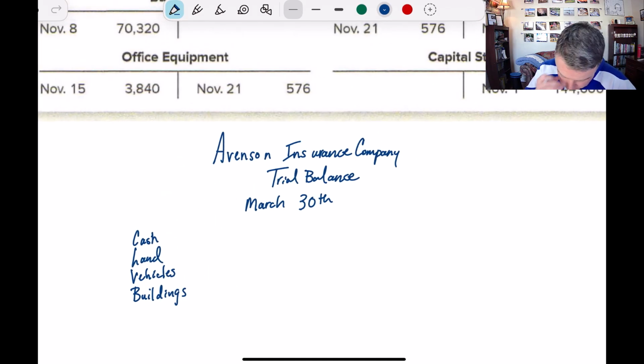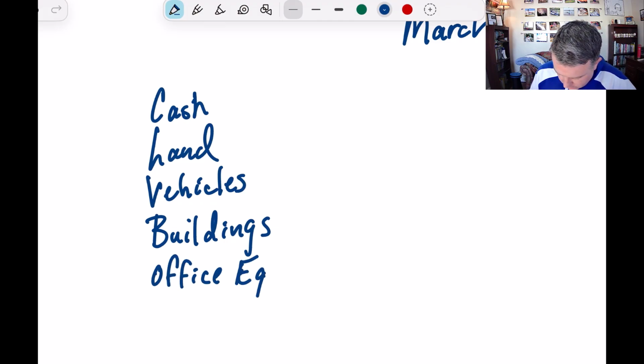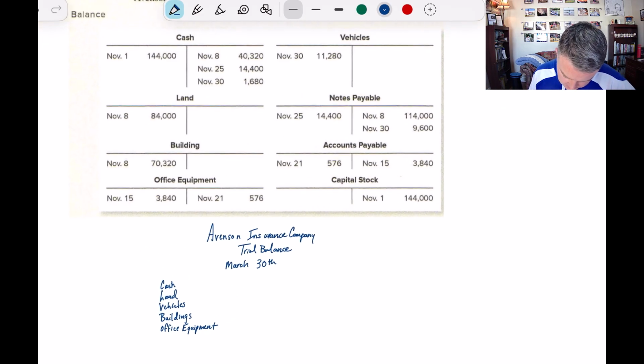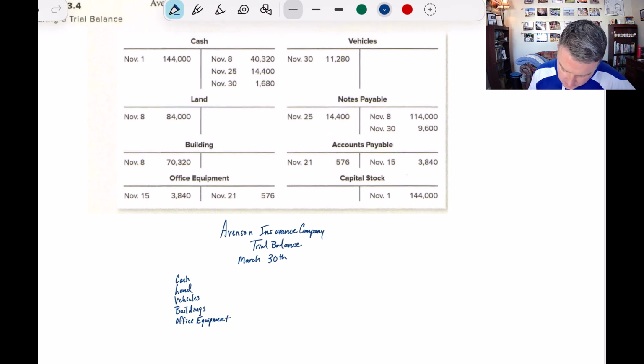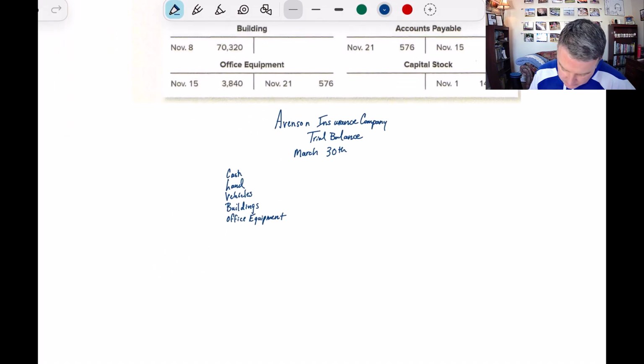Oh, and then we're missing office equipment, right? Office equipment. So we got cash, vehicles, land, buildings, office equipment. And then we can list out the liabilities here, which would be accounts payable and notes payable.